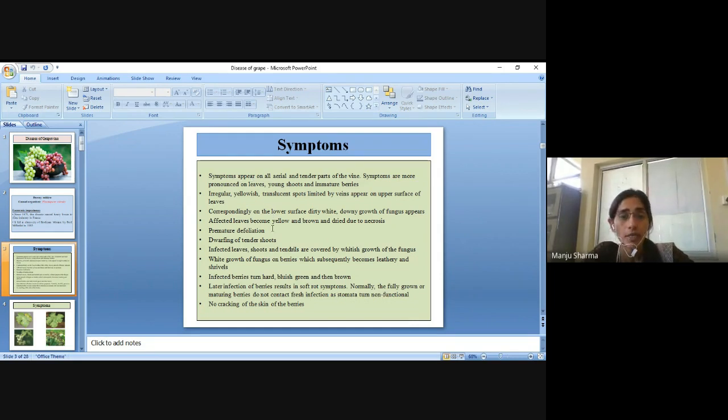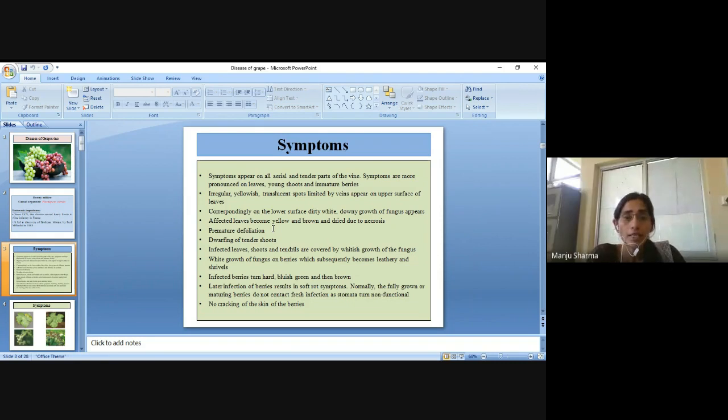Correspondingly, on the lower surface, dirty white, downy growth of fungus appears. Because the symptoms are shown on the lower surface of the leaves, the name given is downy mildew. And the powdery mildew symptoms basically appear on the upper surface of leaves.